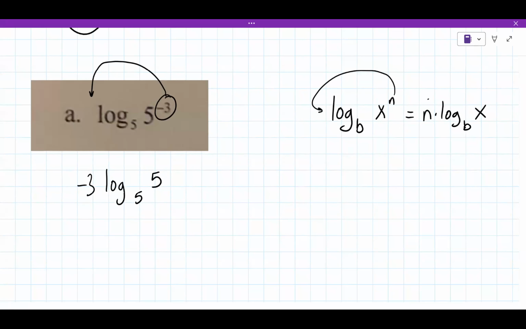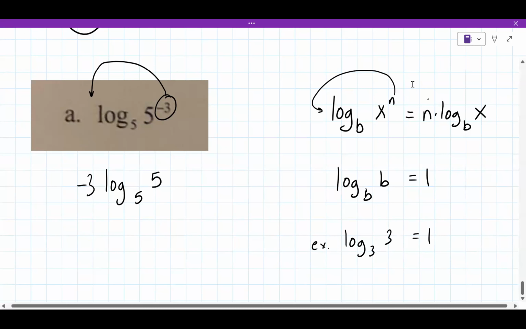All right, we're not quite done. The next thing here is that log base b of b equals 1. You almost need an example here. It's like log base 3 of 3 equals 1. When the base is the same as what you're taking the log of, it's always 1.